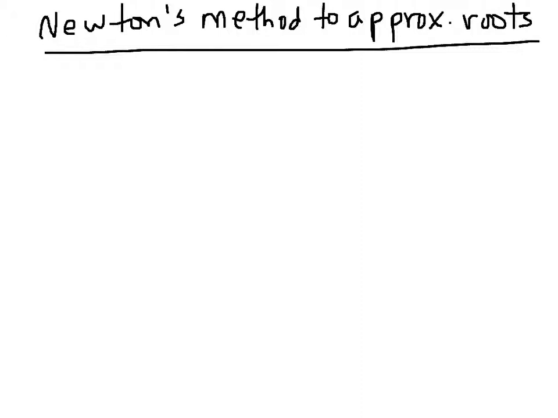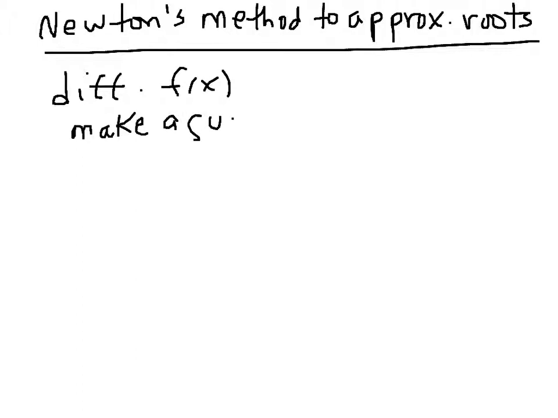We start with a differentiable function, f of x. And what we're going to do is make a reasoned guess for what the root might be, and we'll call that first guess x sub naught.